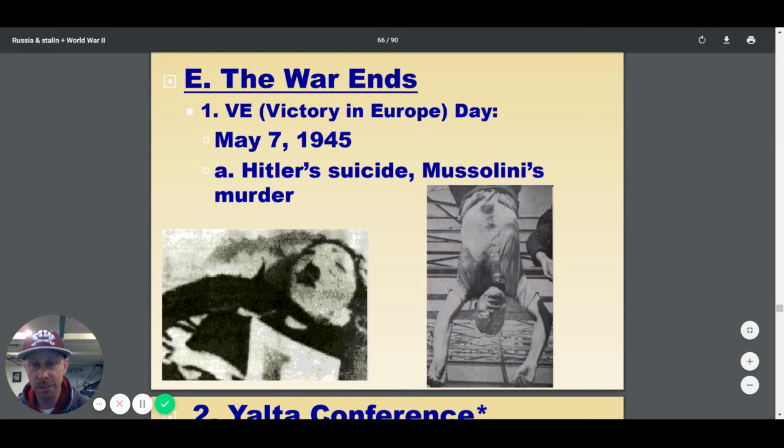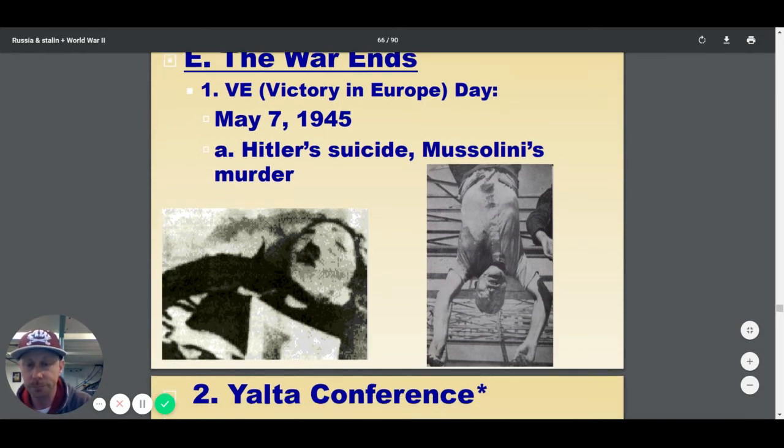Hitler was in his bunker and committed suicide with his mistress Eva Braun, and the Russians, or the Soviets, came in there and found his body and remains, and they took it away and hid it somewhere so that it would not be a place for people to go and memorialize the death of Hitler.